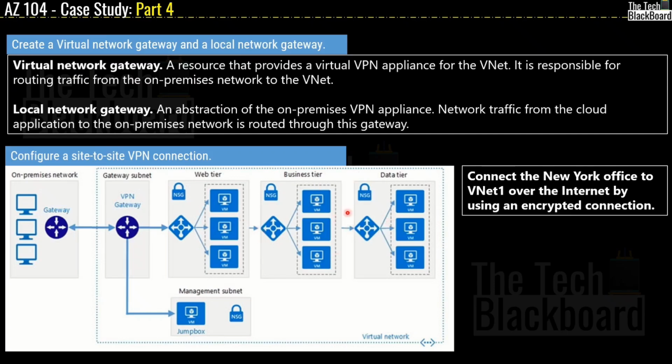So basically, my friends, we are connecting the New York office, which surely is on premises, to VNet 1, and VNet 1 is on Azure. And once again, I will reiterate, as we discussed in question 4 as well, if we want to connect something on premises with that of Azure, then we need to have a site-to-site VPN connection. So that's why we have chosen site-to-site VPN connection as the answer to this question.